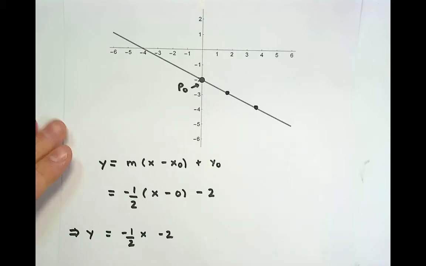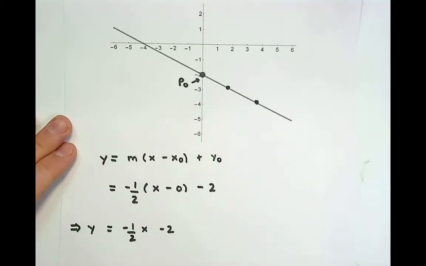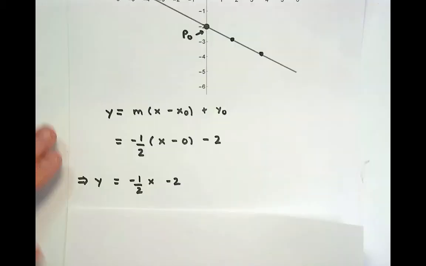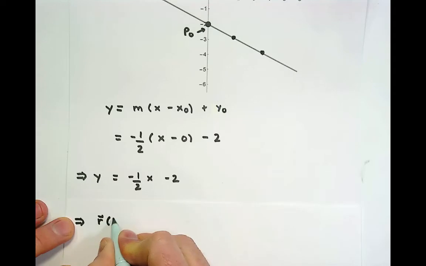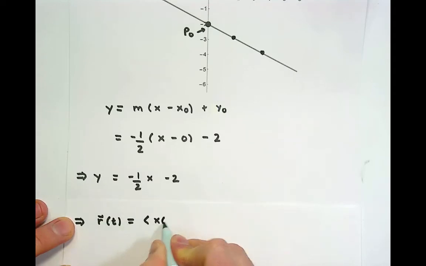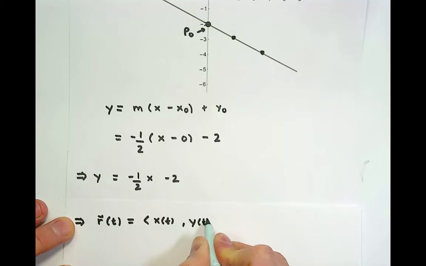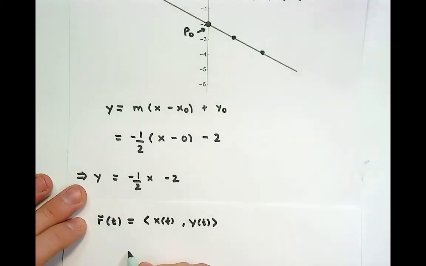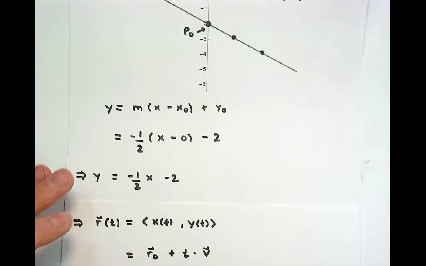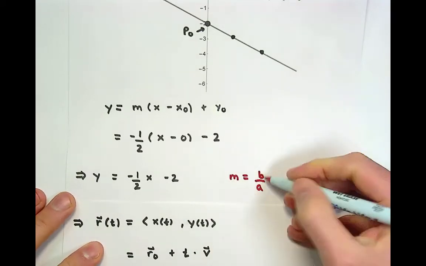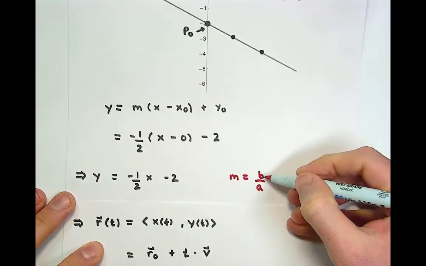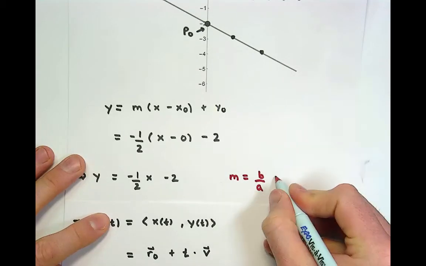We saw that from this explicit representation, we could also encode a vector valued function. So when we think about this vector valued function, r of t, which was x of t, y of t, we saw that the vector valued function was given as a point on the line plus t times a direction. For the slope m equal b over a, that means for every a units we go in x, we go b in y.